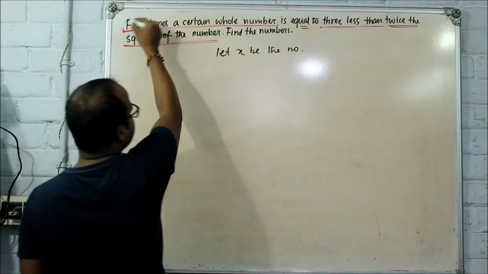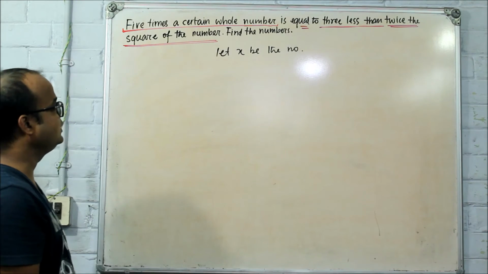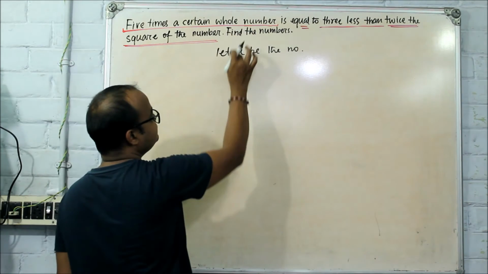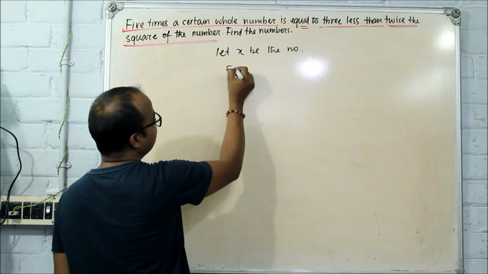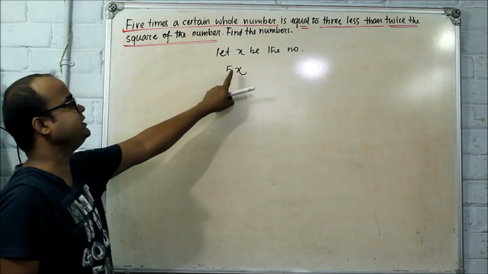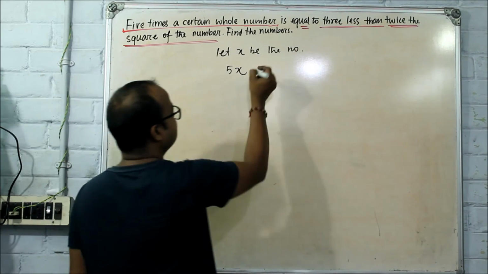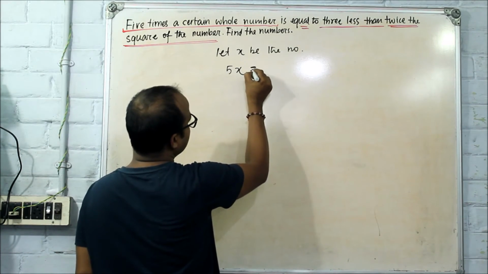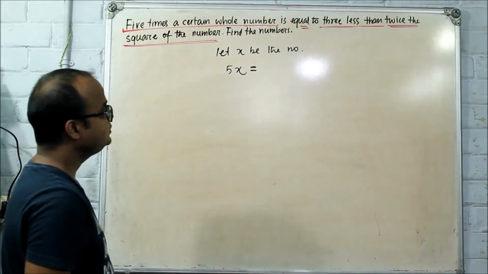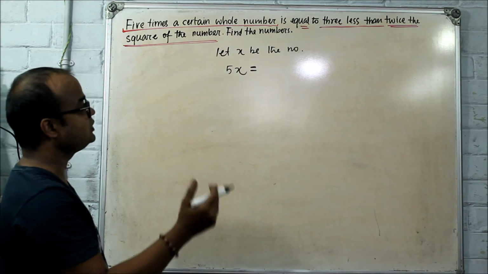Now 5 times a certain whole number. That means 5 times x, it is equal to 5x. 5 times a certain whole number, that is 5x, because we consider the number as x, is equal to 3 less than what?